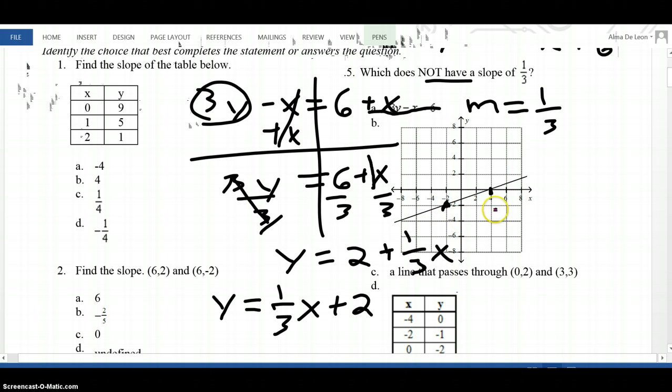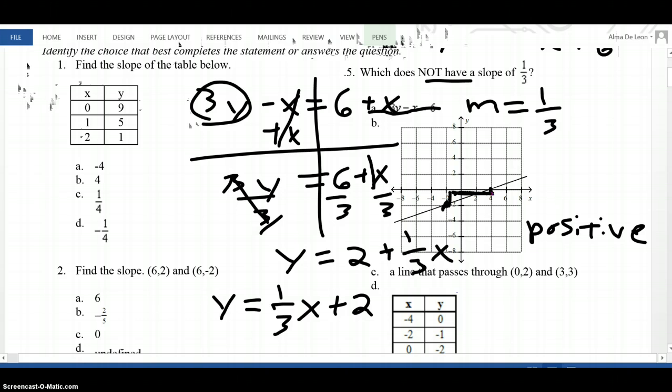Okay, now again, whenever you read a book, you read from left to right. Looking at this line is going up, which means I will end up with a positive slope. And 1/3 is positive, so it's possible that the slope is 1/3. Here, to get from this point to this point, I have to rise 1 and run 3.